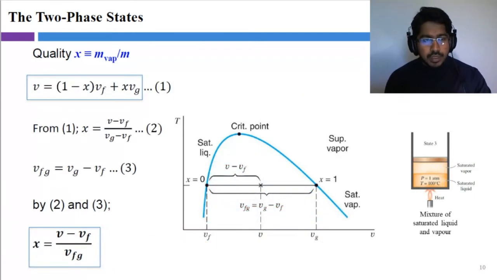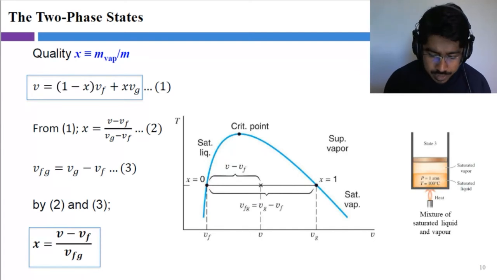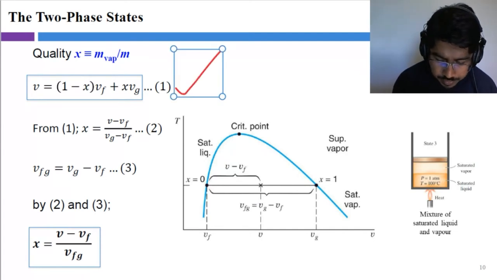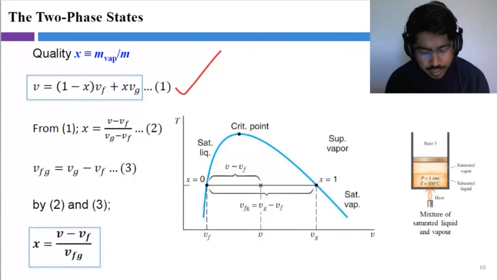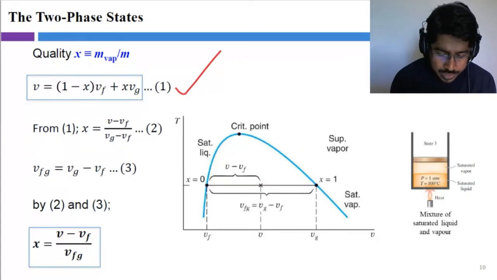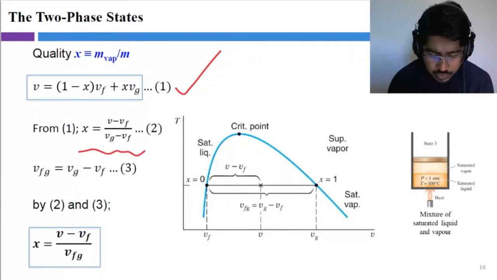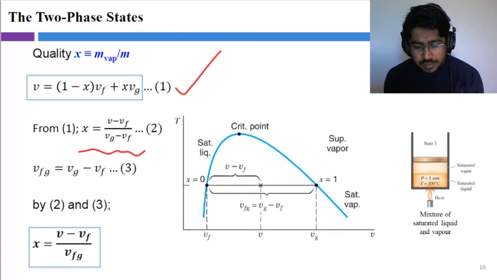Now you remember in the previous slide we derived this equation, right? By rearranging it to get an expression for x, you can write x as v minus vf over vg minus vf.